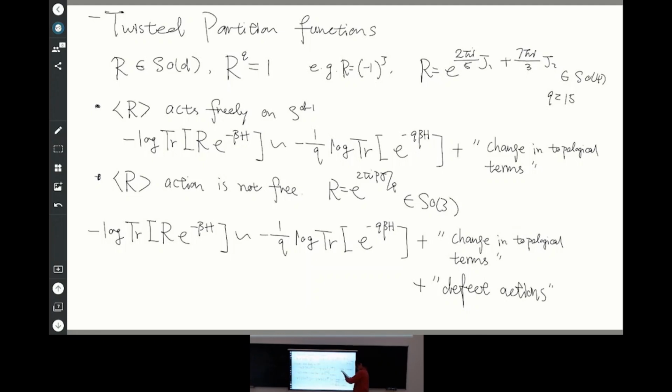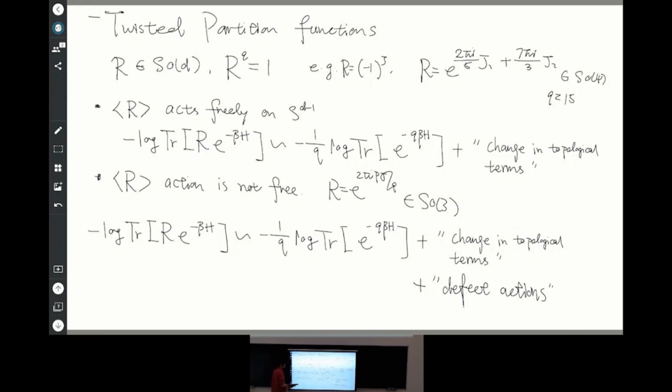I'll explain in a minute what this defect action means. All right, so these are our main results. In the rest of my talk, I will try to convince you that this is true, and I will try to explain where this comes from.